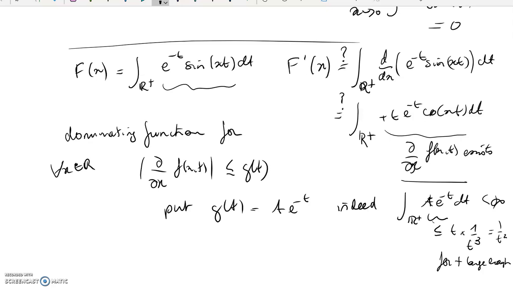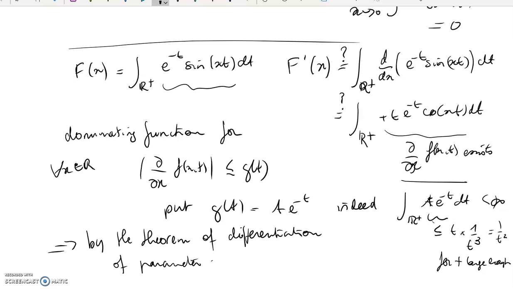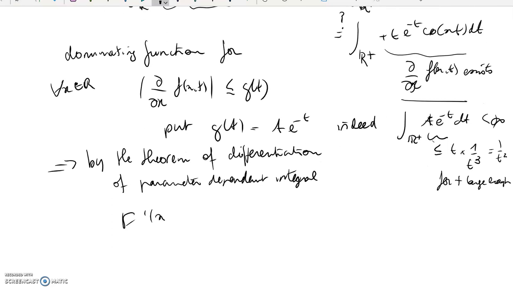And so we can conclude from the theorem, by the theorem of differentiation of parameter dependent integrals, that f prime of x is indeed equal to the integral on R of the derivative of the inner function, which we said was t e minus t cosine of xt dt.